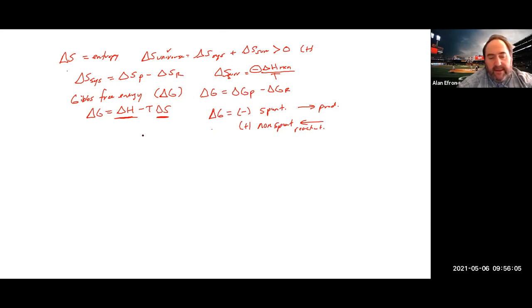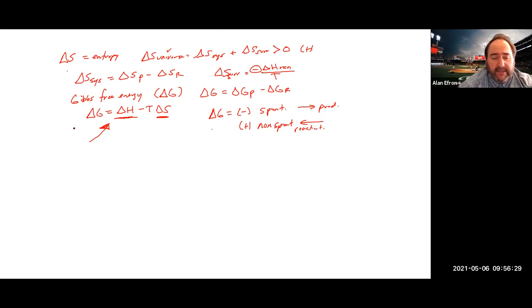We also saw that in addition to telling us whether or not this reaction is going to be spontaneous, we can use this equation in a situation where the reaction turned out not to be spontaneous at a particular temperature, to help us understand at what temperature it would turn spontaneous. So we did a calculation like that as well.